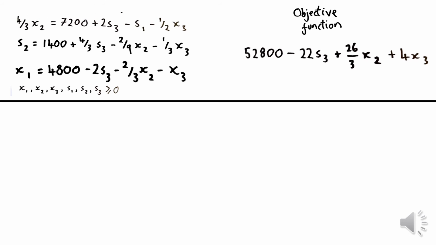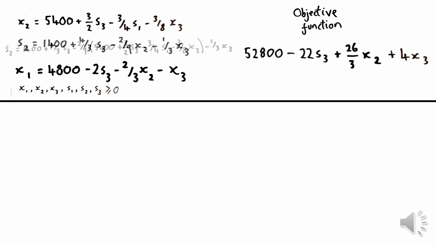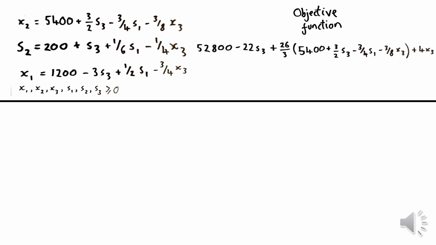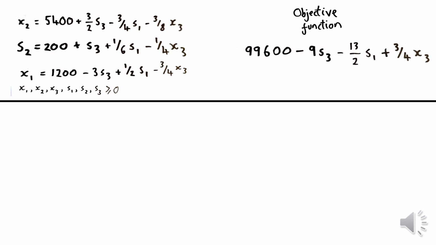Then, we multiply the equation by 3/4 to normalise it. Next, we can substitute for x2 in the second constraint, then simplify that, and substitute for x2 in the third constraint, and again simplify. Finally, we substitute for x2 in the objective function and simplify.